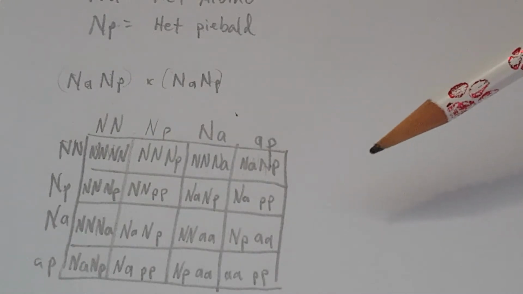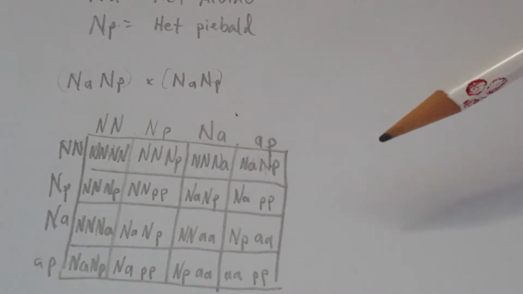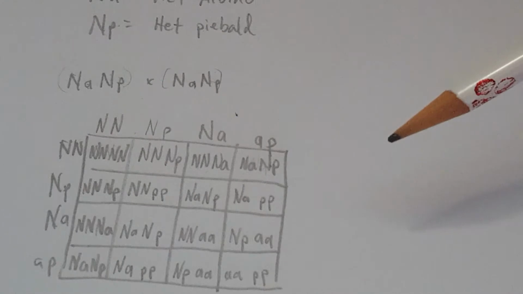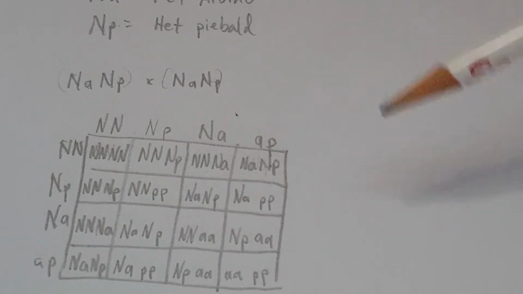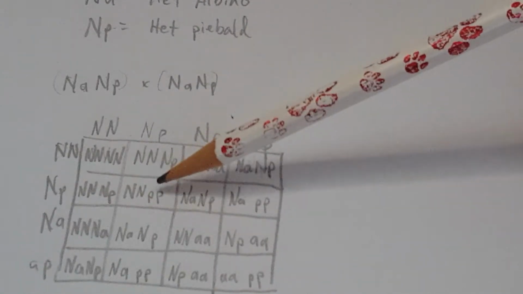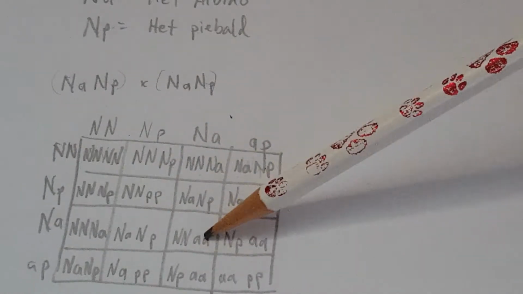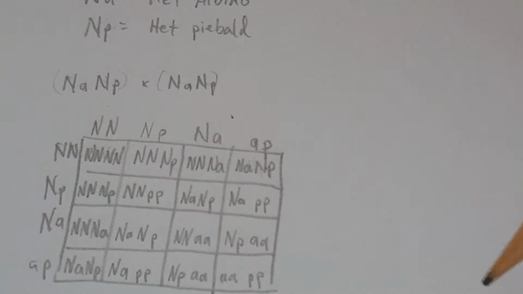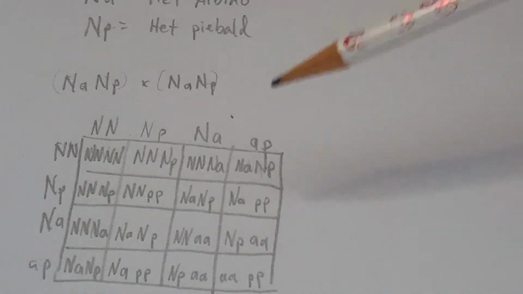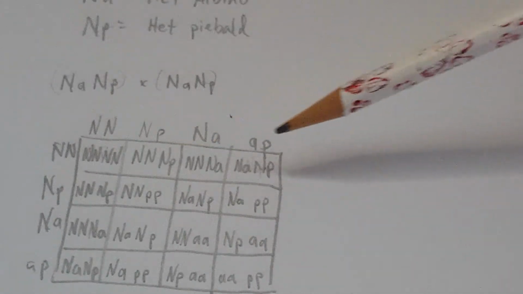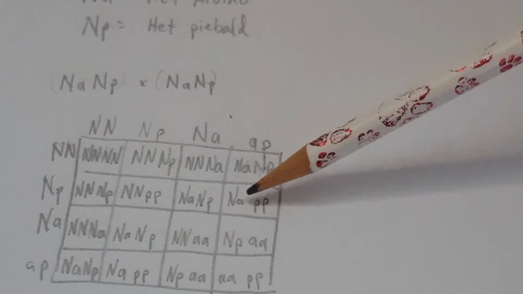Any cell that contains two A's or two P's, you automatically have a visual recessive animal. So for example, over here you have two P's, that's a visual piebald. Over here you have two A's, that's a visual albino. This cell here contains NA and NA and PP.